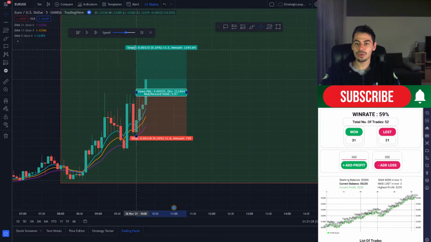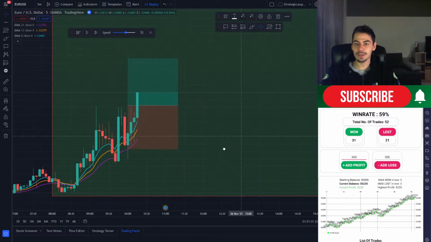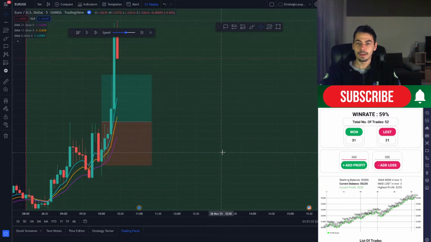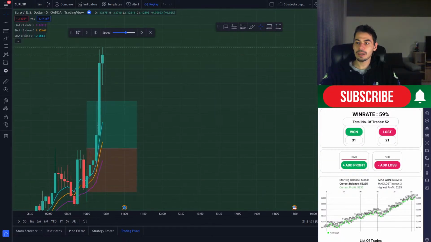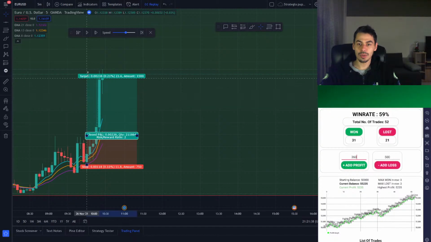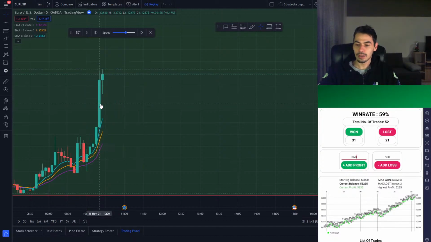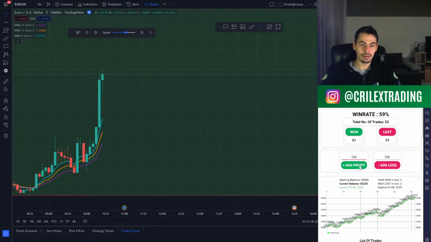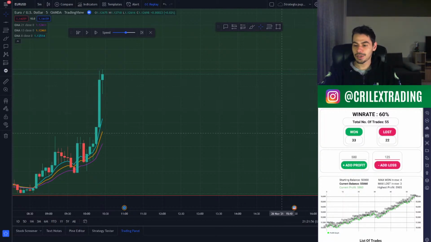It's close to 12 pips. And I think we get all the way to 2-to-1 only by this nice shoot up. Yep, we get to 2-to-1. So we have to add 250 profit, another 500 profit, and subtract the hedge, which will be 0.25%.